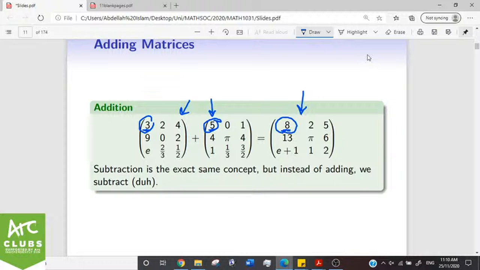For the 2/1 position, we add the 2/1 positions together. For the 1/2 positions, we add the 1/2 positions together. It's just term-wise addition. That's all it is. Subtraction works the same way: if it was subtract, we would put a minus here and subtract the terms.